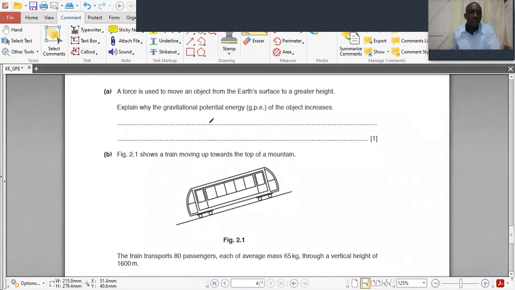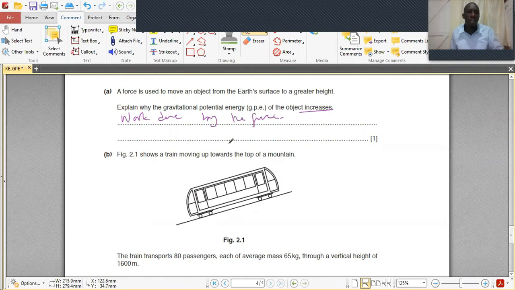The obvious one is that as the object is rising from the Earth's surface, there is work done on it by the force.